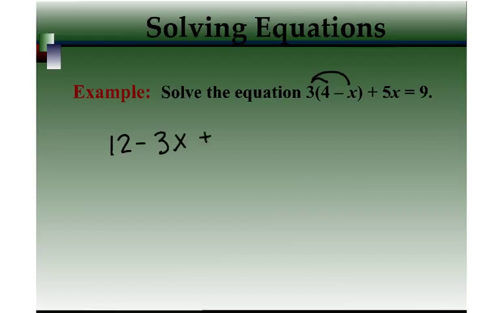Then bring down the 5x equals 9. Now combine our like terms. We have a set of like terms right here, the negative 3x plus 5x. So combine those together to get a positive 2x.